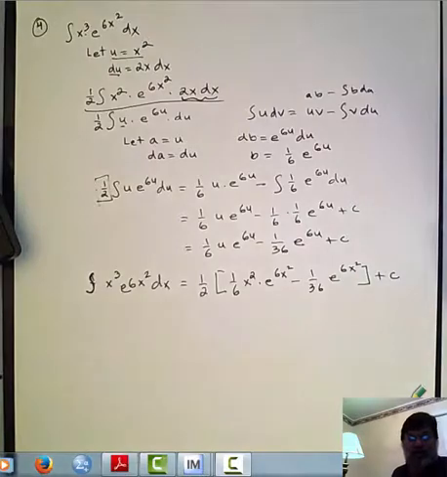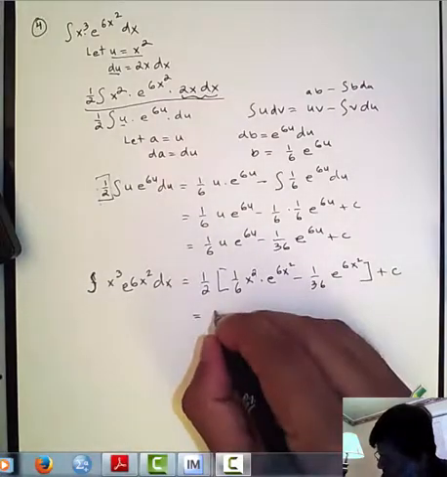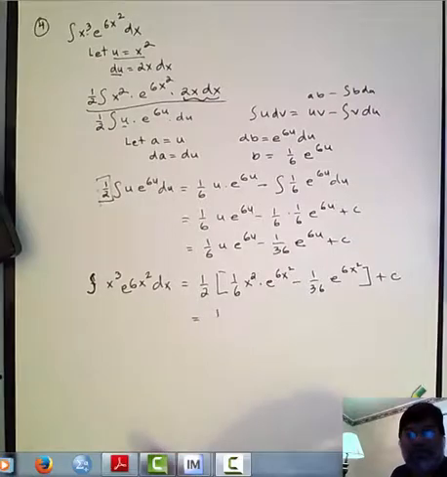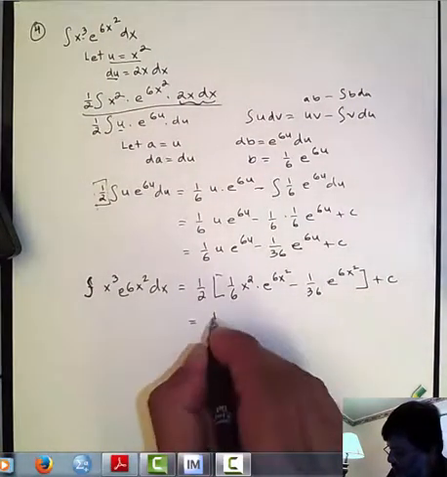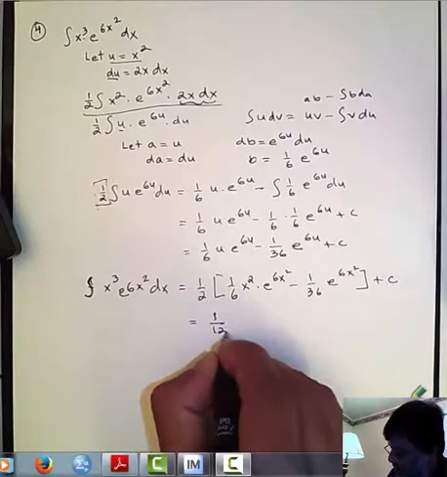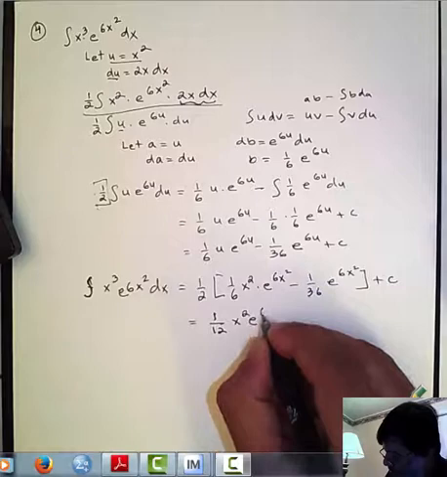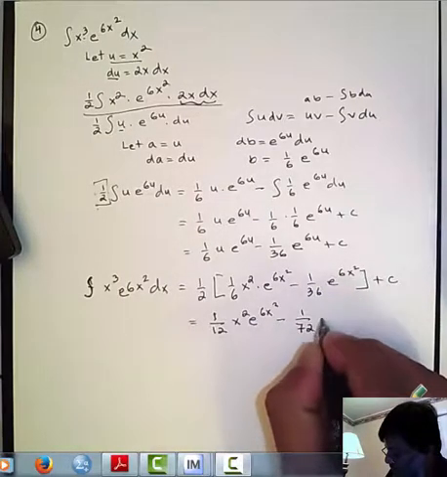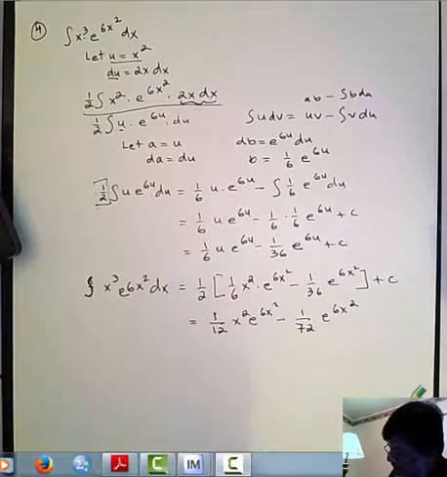So almost done. Now multiply by half. What did I get? Wait a minute. Let's see. 1/12 x squared e to the 6x squared minus 1/72 e to the 6x squared. Okay?